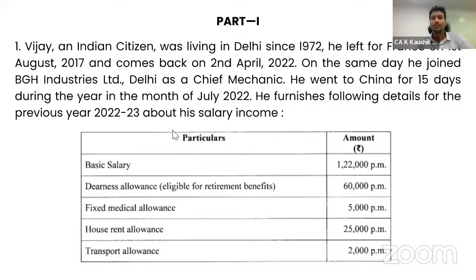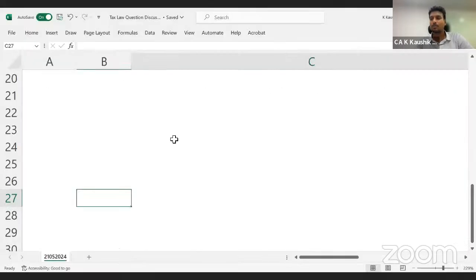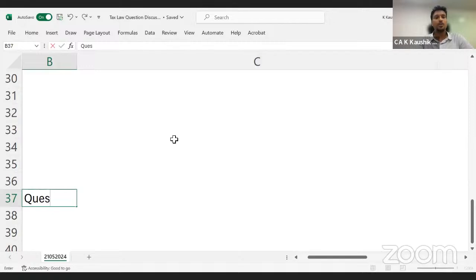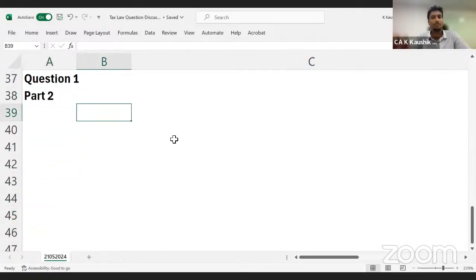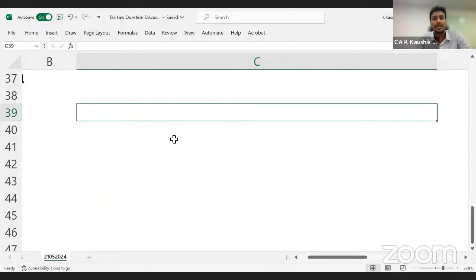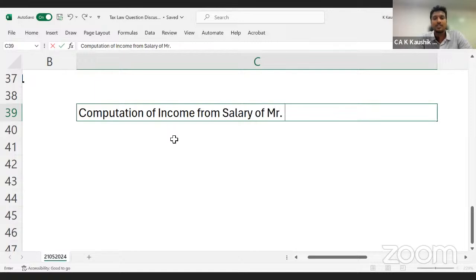What is the question given? The basic salary. So let's compute basic salary. Question 1, part 2 talks about the salary computation. So let's put the computation of income from salary of Mr. Vijay.